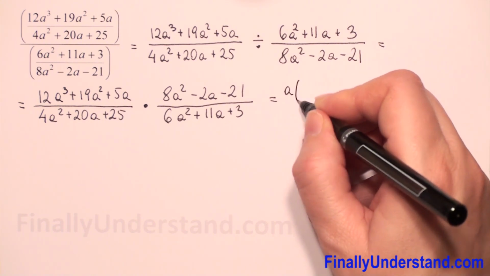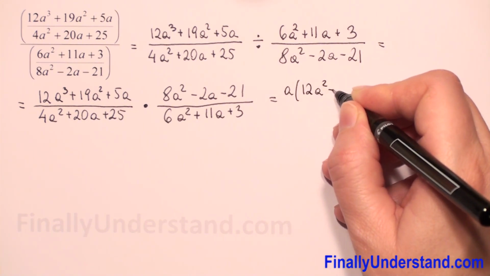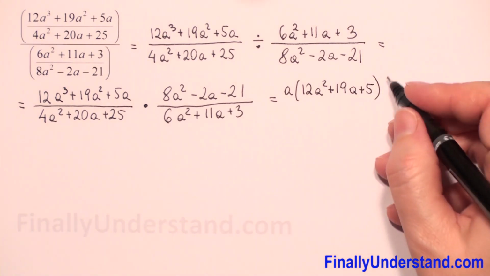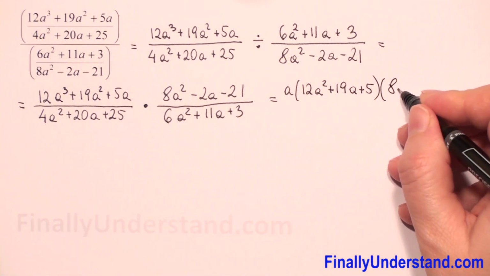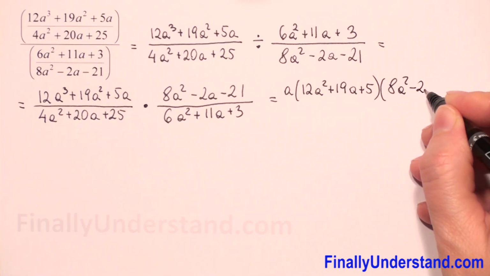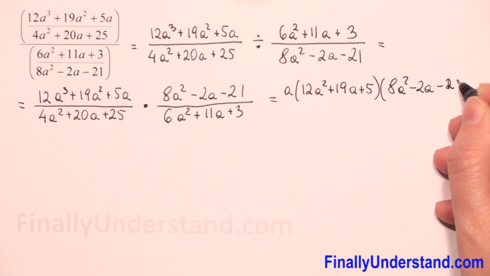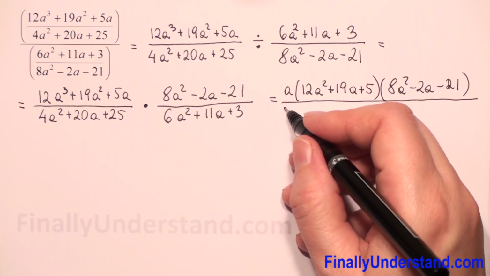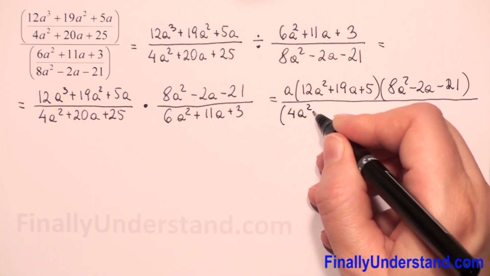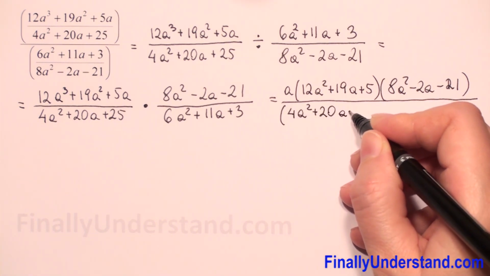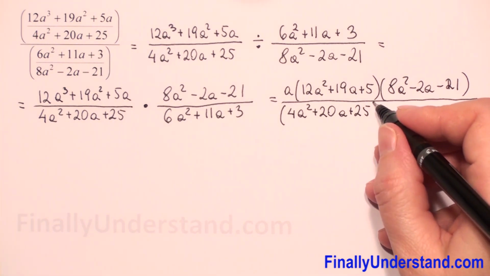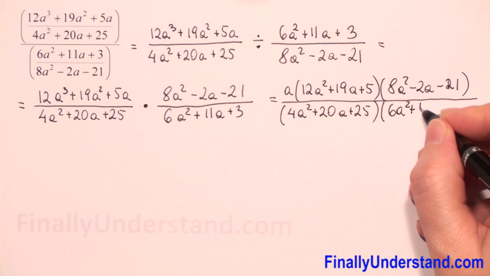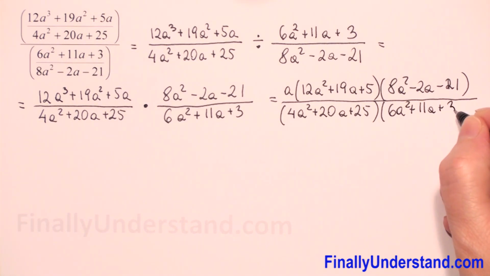So it will be a times 12a squared plus 19a plus 5, and in the second parenthesis we will have 8a squared minus 2a minus 21 over, and in the denominator we have 4a squared plus 20a plus 25 times 6a squared plus 11a plus 3.